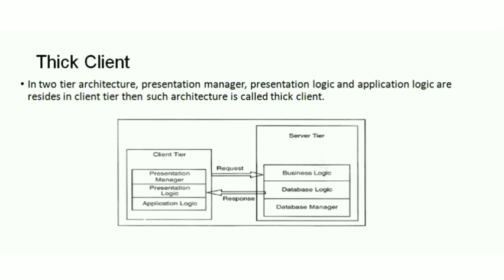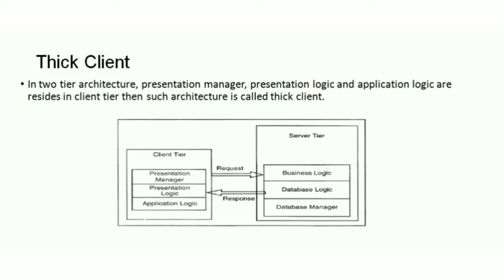So three components are on the client side: presentation manager, presentation logic and application logic, and the remaining entities, that is the business logic, database logic and database manager, are at the server side. All the GUI part resides at the client side, and some amount of application logic is at the client side, and all the database work and business logic are at the server side. So this is defined as the thick client.